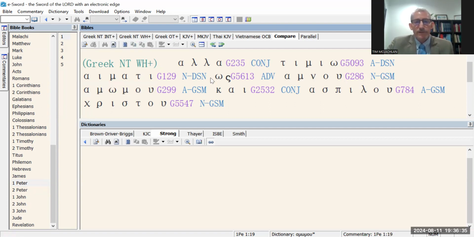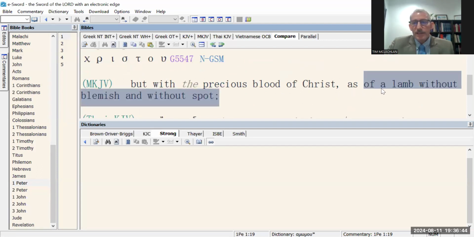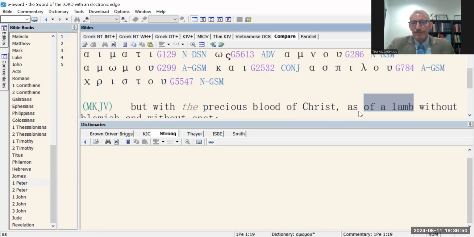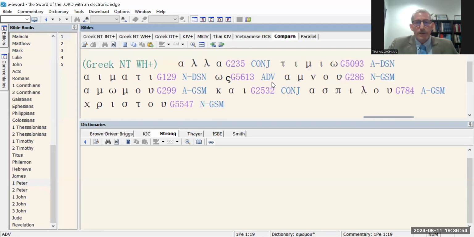And this is in the genitive case, because it fits in with the word as of. See, we had the word as of a lamb. That's how they do it in the English. As of a lamb. So they put it in the genitive, because the genitive is the case where you see the word of being used to translate it. So as of a lamb, and now the word spotless, amomu, has to take on the same form.